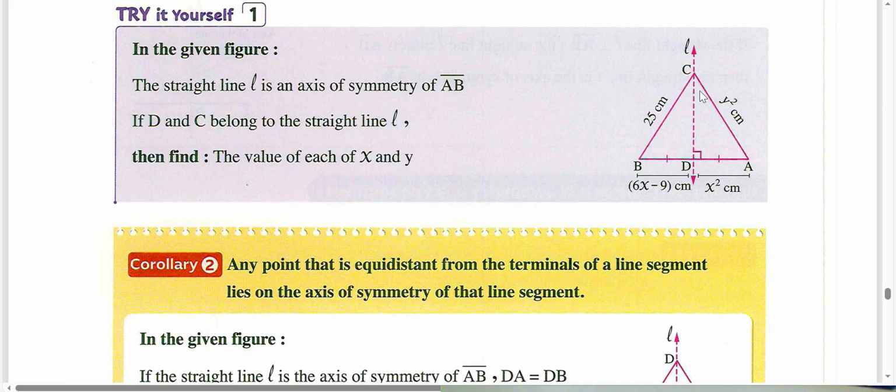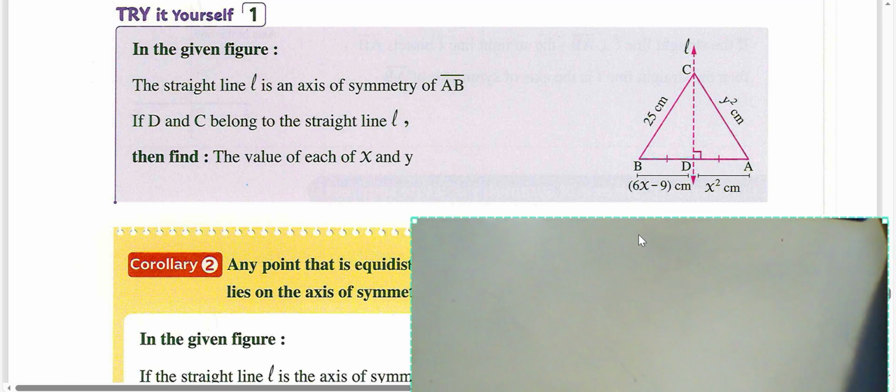Okay, first step: L is perpendicular to PA and D is the midpoint of PA, then the straight line L is the axis of symmetry of PA. Since C belongs to the straight line L, the distance between C and P equals the distance between C and A, so CP equals CA. So y power 2 equals 25. The value of y is the square root of 25, which is 5 centimeters.